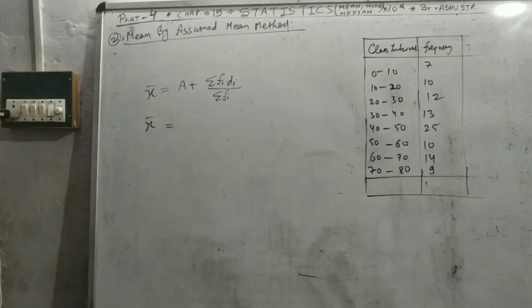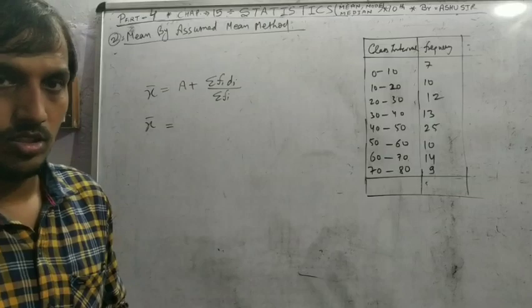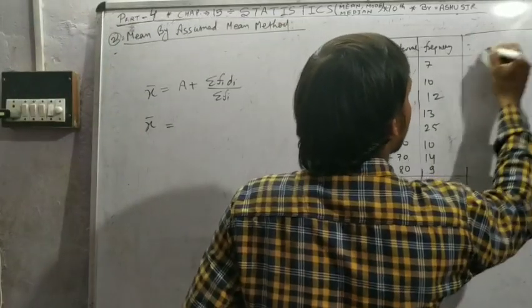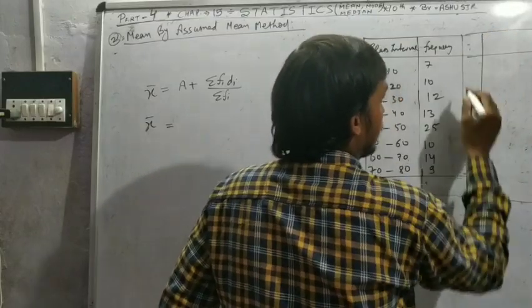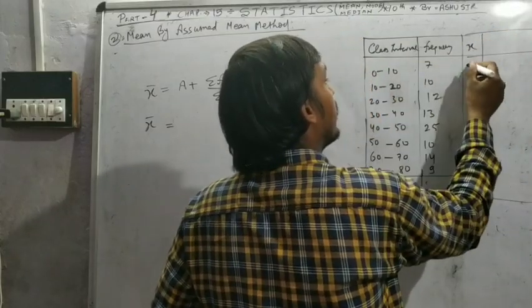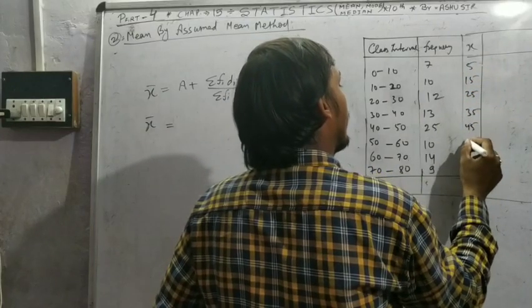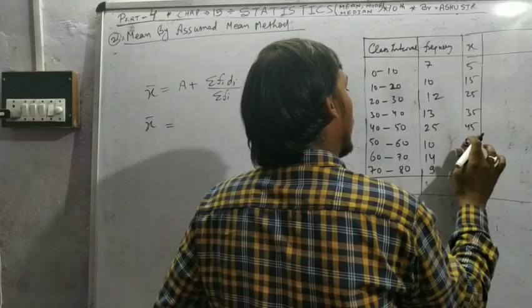I already explained a is any value from x. So firstly find the table for x: 5, 15, 25, 35, 45, 55, 65 and 75.